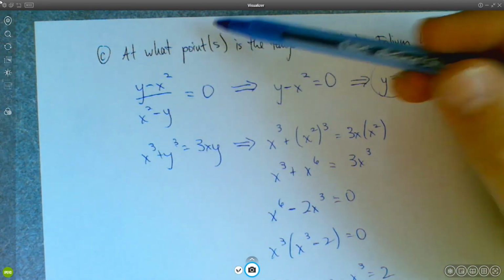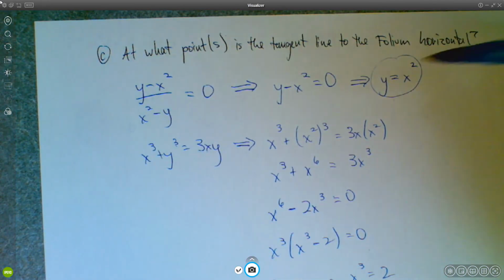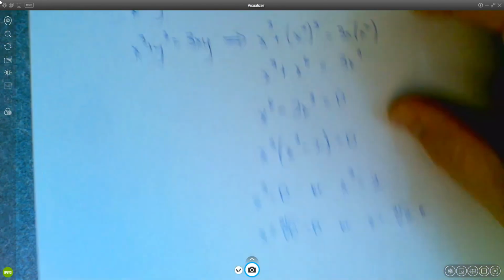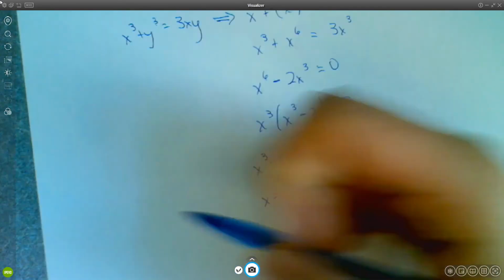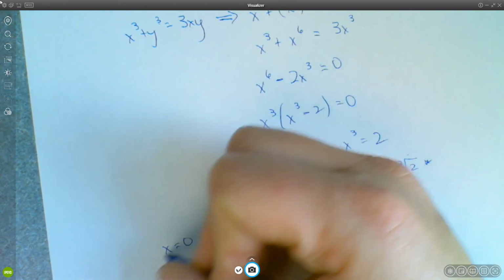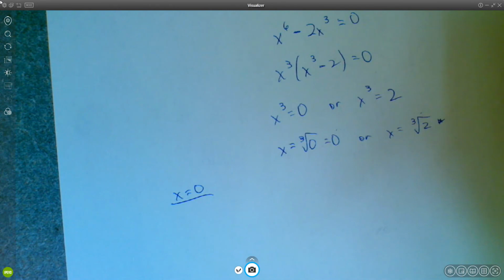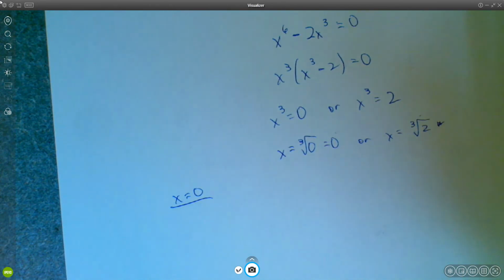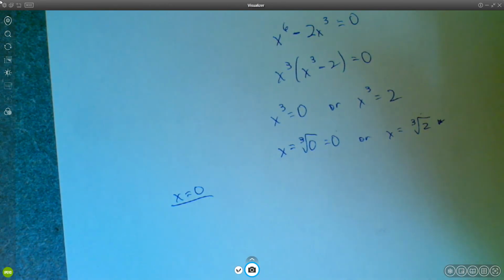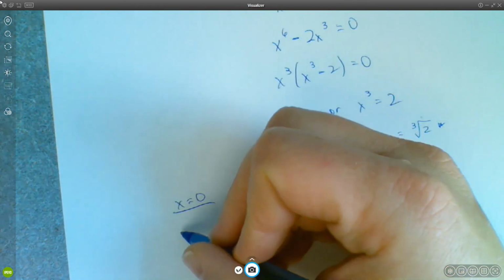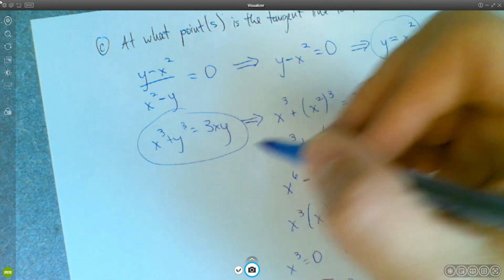Now we were asked at what points is the tangent line horizontal. So for x equals 0, we need to now solve for y. Again, I'm using x cubed plus y cubed equals 3xy.